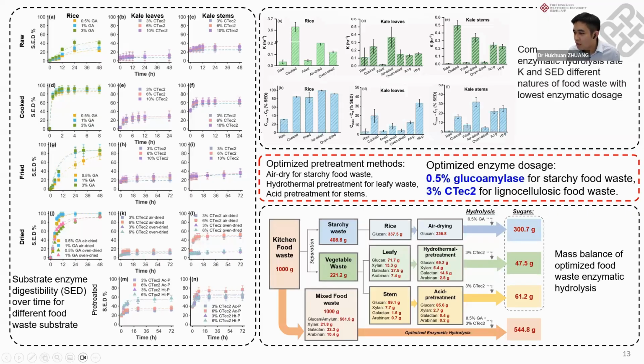However, we found optimized enzyme dosages for all the different foods. 0.5% of glucoamylase is good for starchy food waste, and 3% of CTec2, which is cellulase, is good for lignocellulosic food waste. Under this condition, we can convert over 90% of food waste into sugar, lipid, and amino acid.